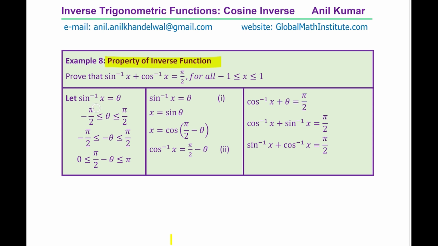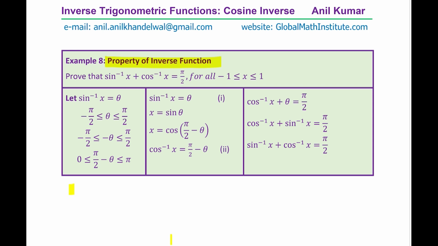So let's begin from here. Let sine inverse of x be equal to theta. In that case, theta is between minus pi by 2 to plus pi by 2. Now, if I multiply by negative sign, then what happens? Look here carefully.